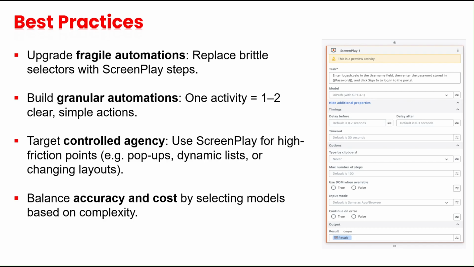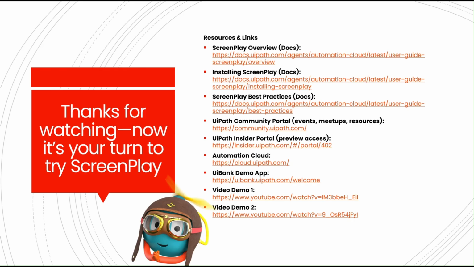Use ScreenPlay on high-friction spots, pop-ups, dynamic lists, changing layouts, rather than trying to solve the whole process in one prompt. And finally, balance accuracy and cost. Pick lighter models for simple clicks and heavier models only when the step is complex. Follow these, and your builds stay fast, stable, and easy to maintain.